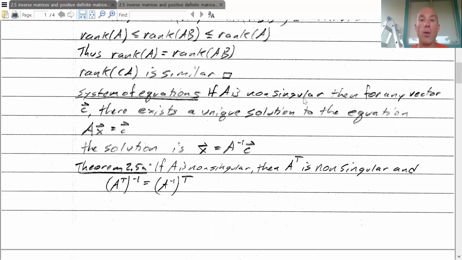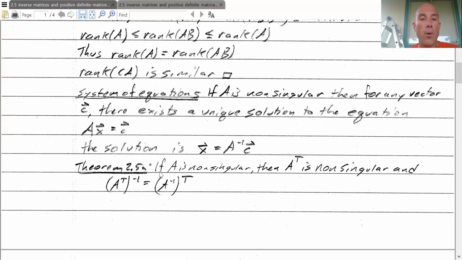So when I say non-singular, you know that's full rank, you know that's square. And it's hip to be square. So we know that there exists a unique solution to this equation: A times some vector is equal to the value we're interested in. In fact, the solution is going to be A inverse times that vector. And that's it.